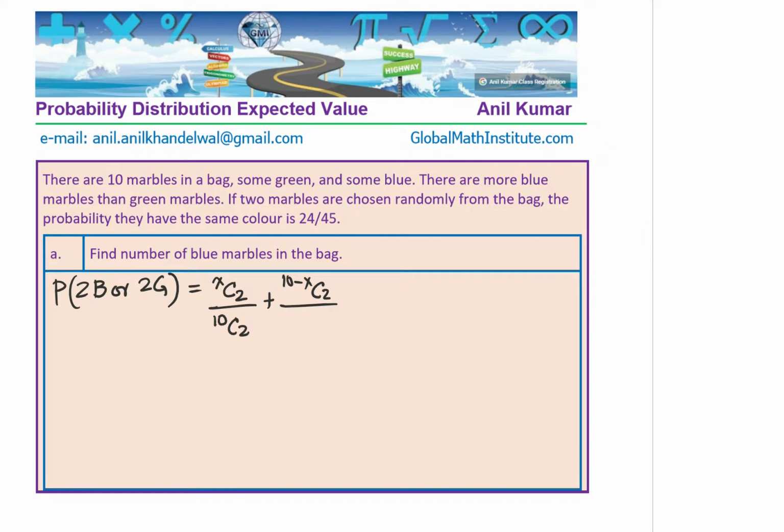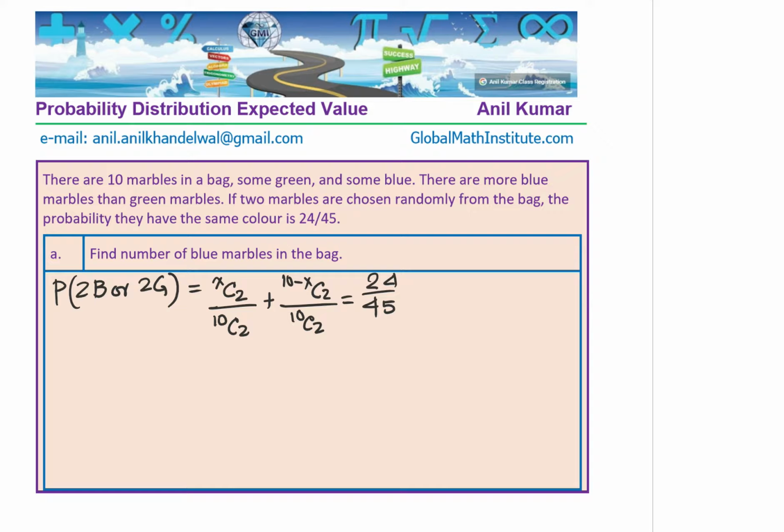That is for green, and then the total is 10. So the denominator is we have 10C2 choices. And this is given to us as 24 over 45. Is that clear to you? That is how we should be solving.